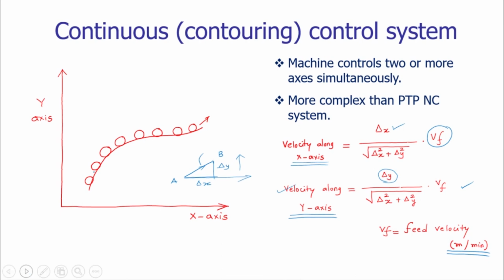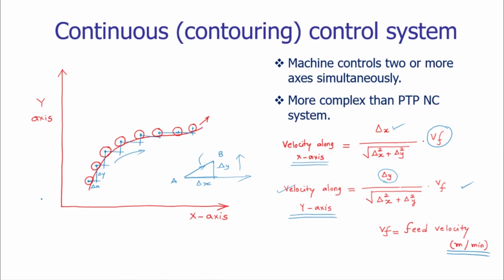This control system will compute the delta x and delta y for all such points along the contour path. Based on this information, we can easily compute the velocity. Here you can see this is delta x, delta y, similarly delta x and delta y.